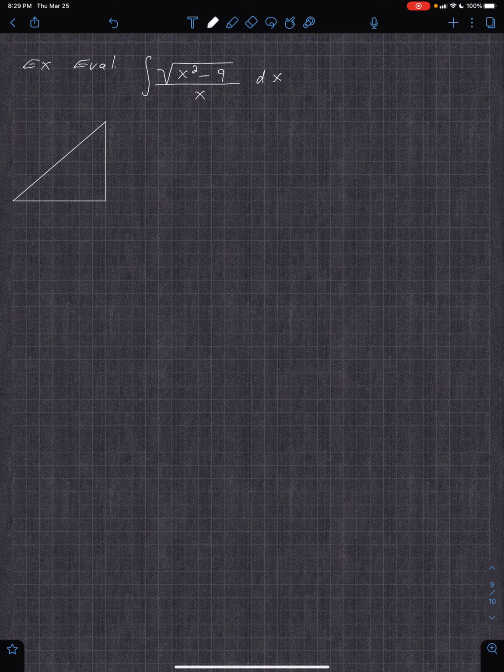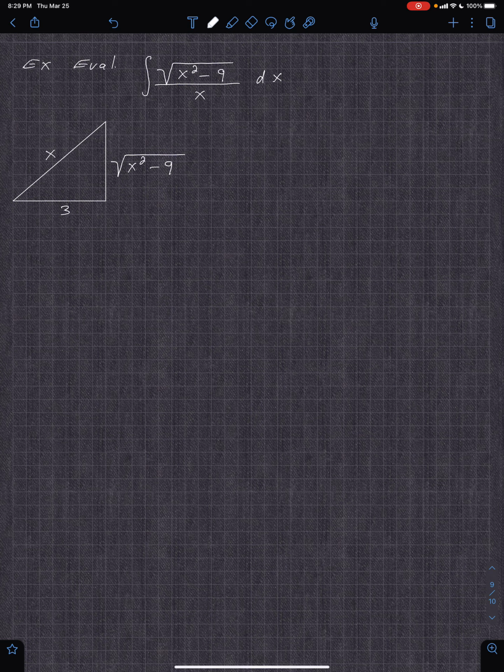Okay, so that's the square root of x squared, oops, not a plus, x squared minus 9, and then my a would be 3, of course, and my u is just x.